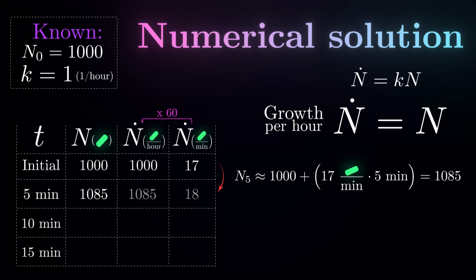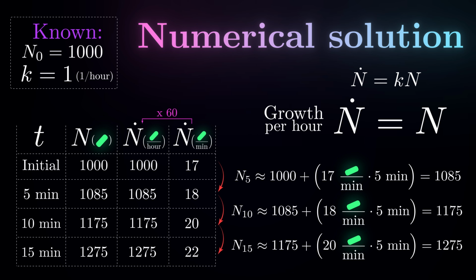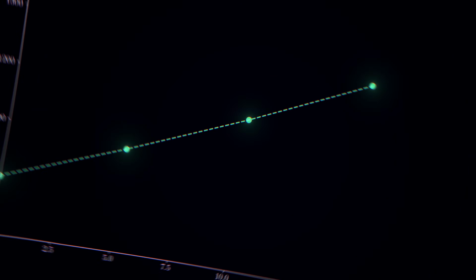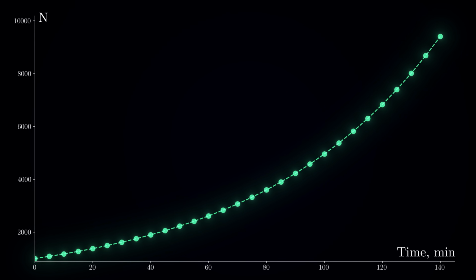Now we update our rate of change based on this new population size to become 18 bacteria per minute instead of 17. So we can estimate the population size for the next 5-minute time step. And we can keep repeating this process to estimate the population for any future time. This is the essence of solving differential equations with numerical methods.